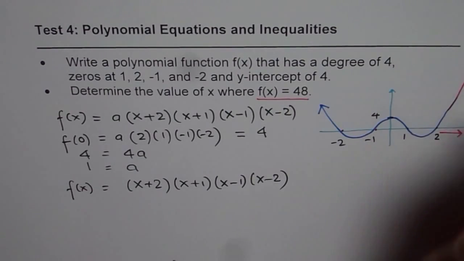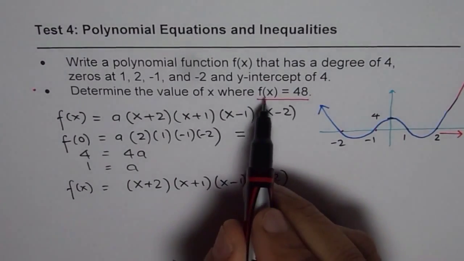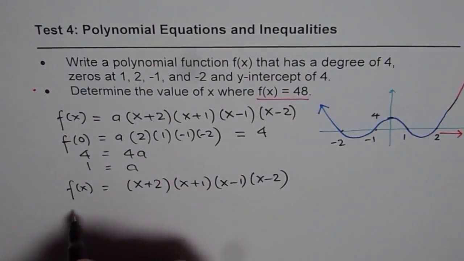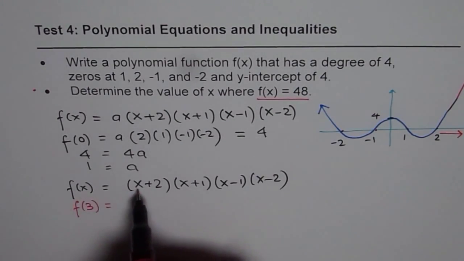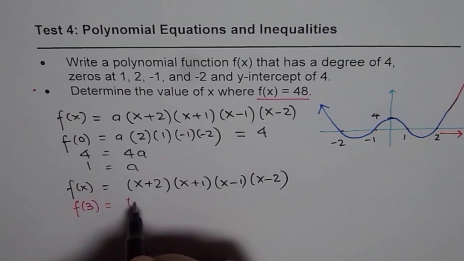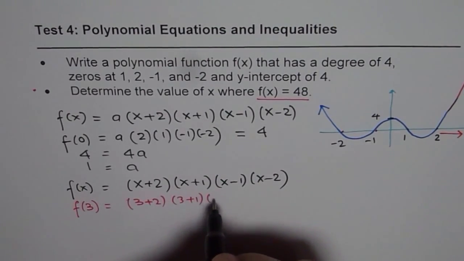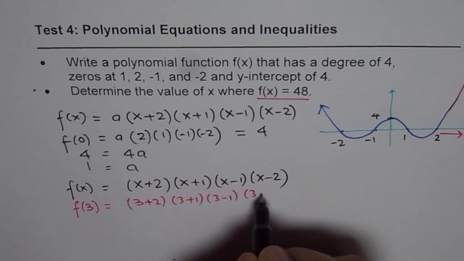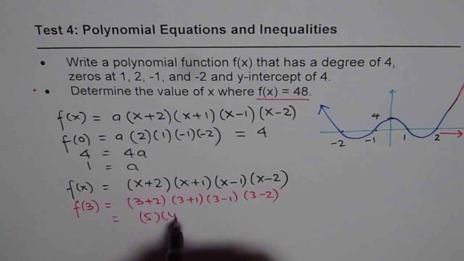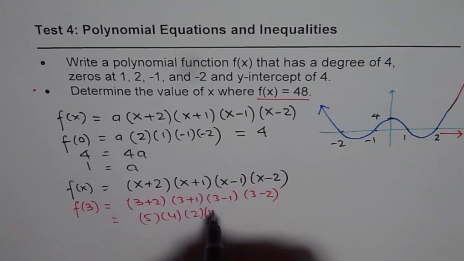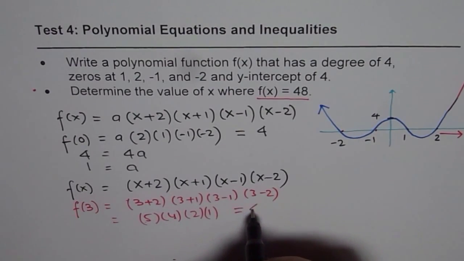Do you see that? So what we should do at this stage is plug in some values and calculate. Let's figure out what f of 3 is. Use your calculator and write down the value, and we will do it without a calculator for the time being. If I write 3 here, I get 3 plus 2, 3 plus 1, 3 minus 1, and 3 minus 2, which is 5 times 4 times 2 times 1, right? 3 plus 2 is 5, and 5 times 4 is 20, 20 times 2 is 40.